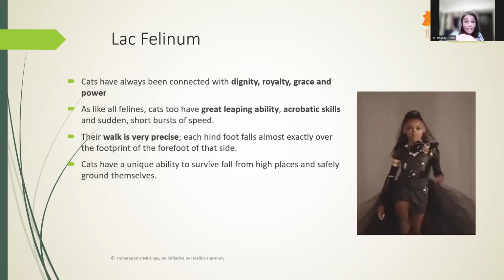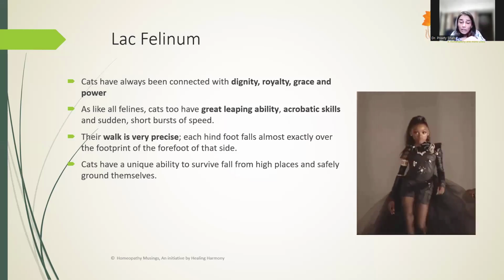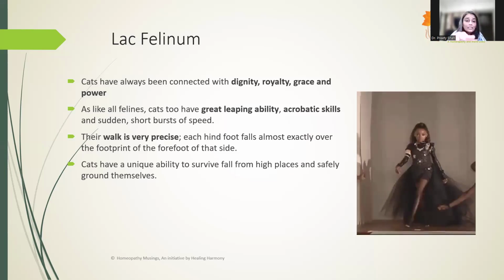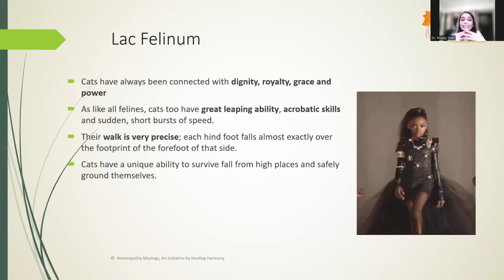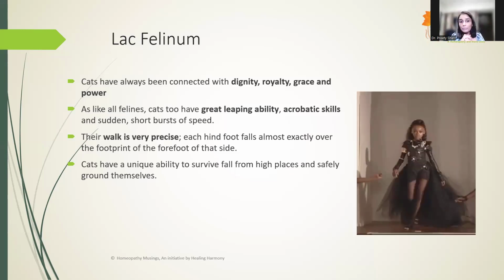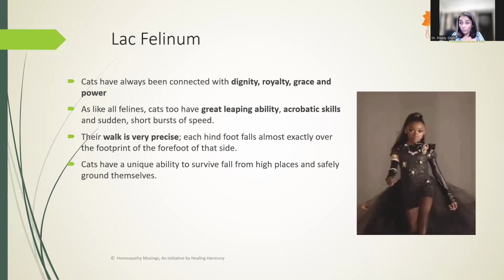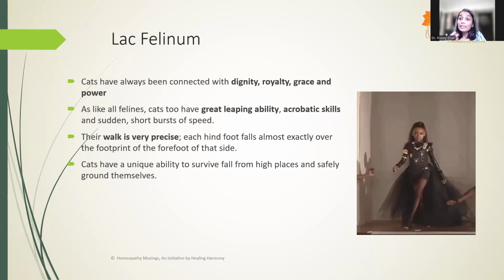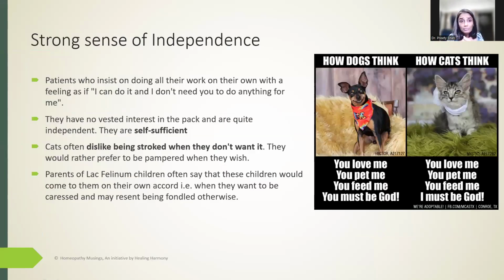They will keep their hind foot and put it in the front in a way that is so precise. And cats have this unique ability to survive even if they fall from high places, and they can safely ground themselves. Sometimes during case taking, these themes can come up.